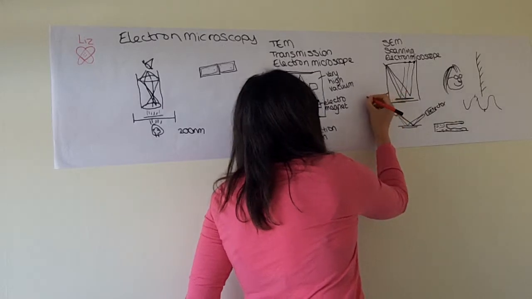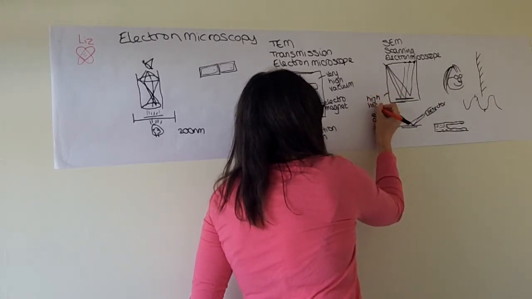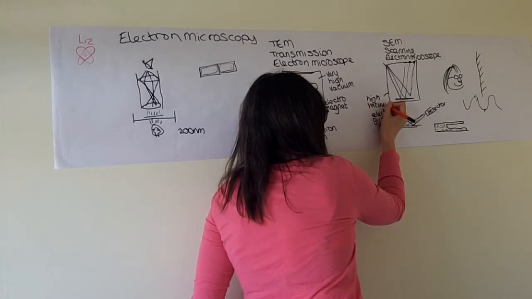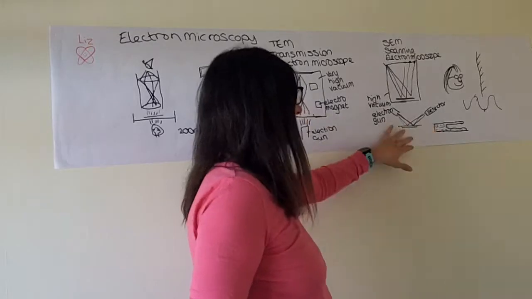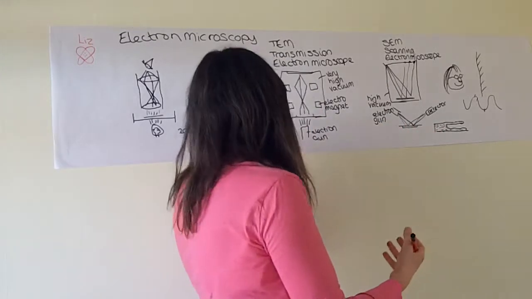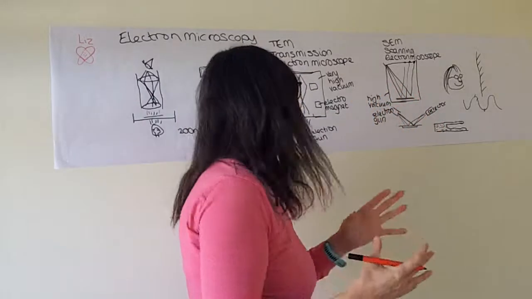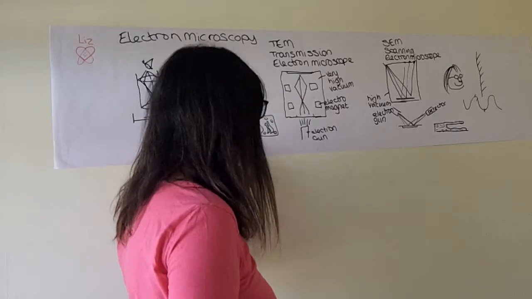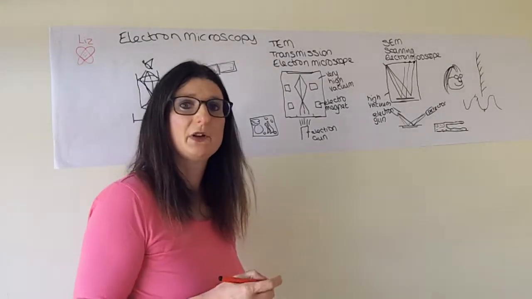This is again a high vacuum. But you can get a good image of the texture of something, whereas the transmission electron microscope looks through your sample. So that's how electron microscopy works.